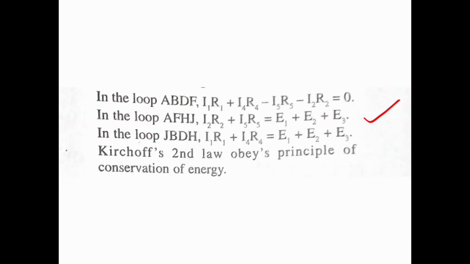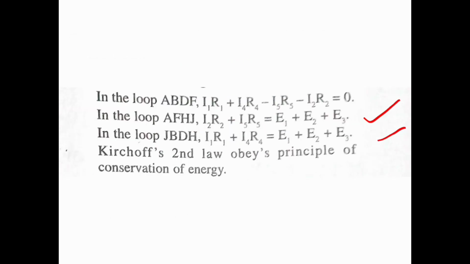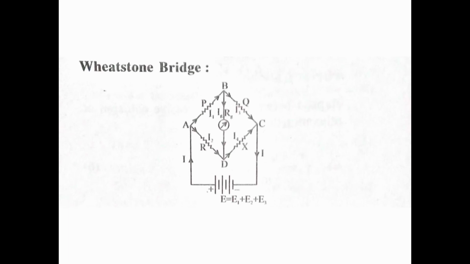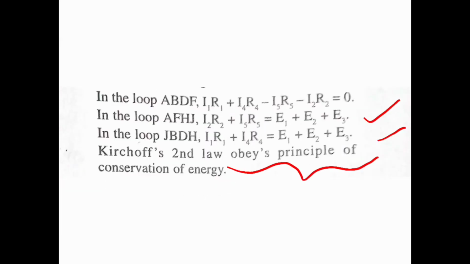Okay, this is right. Then in loop JBDH, I1 R1 plus I4 R4 is equal to this. Okay. Kirchhoff's second law obeys the principle of conservation of energy. This is all about your Kirchhoff's second law. You have to prove this.